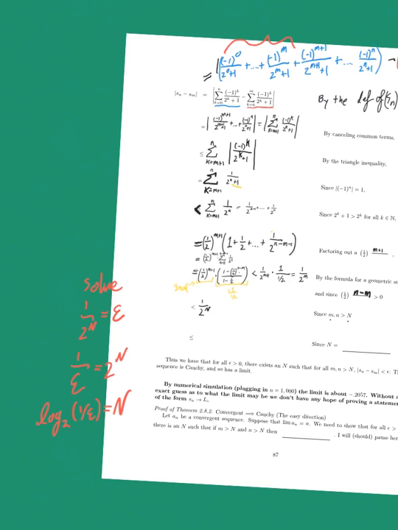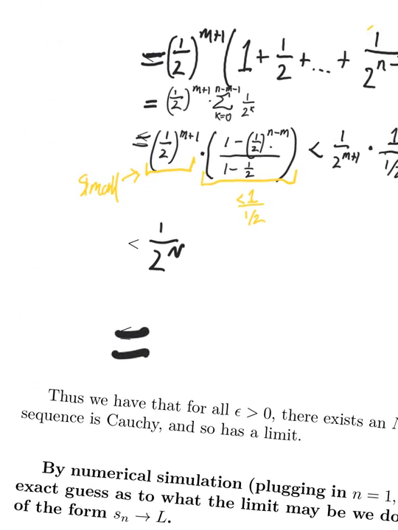And given that choice of big N, this will be equal to 1 over 2 to the log base 2 of 1 over epsilon. And you can see how this algebra is going to work out.